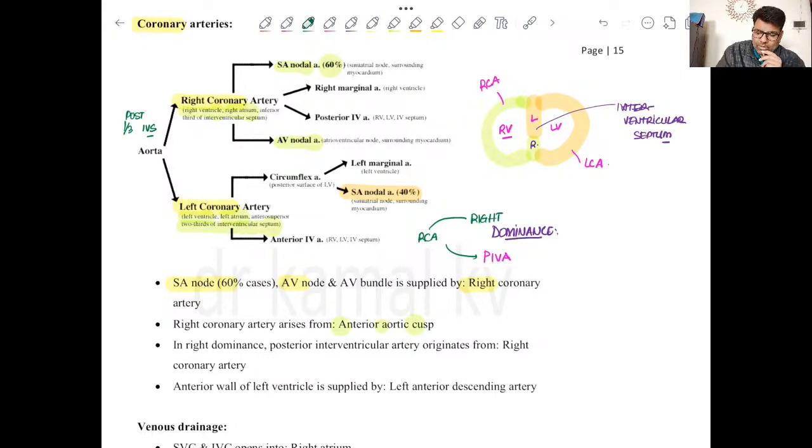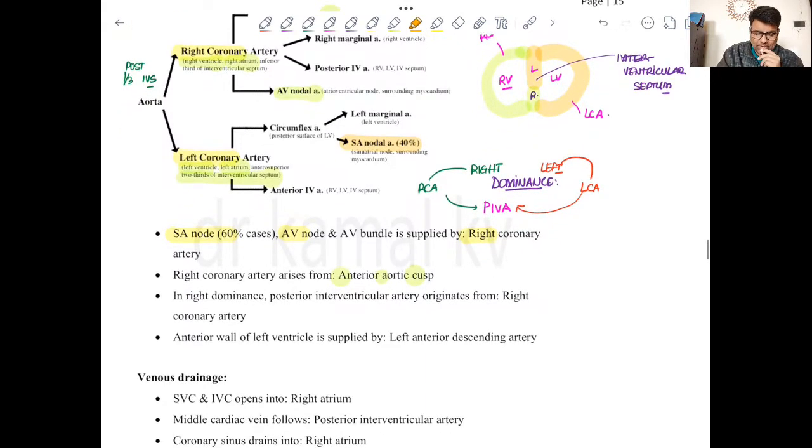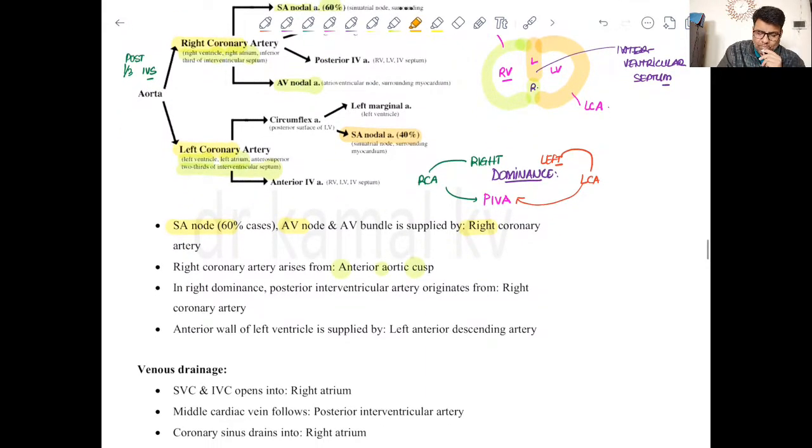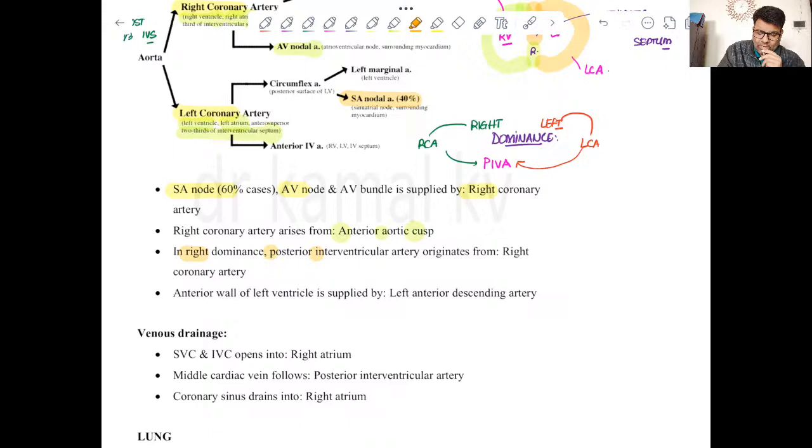If the left coronary artery is giving off this branch, you will say that this is left dominance. So that is the concept of right and left dominance. So in right dominance, PIVA is coming from right coronary and vice versa. Anterior wall of left ventricle is supplied by left anterior descending artery.